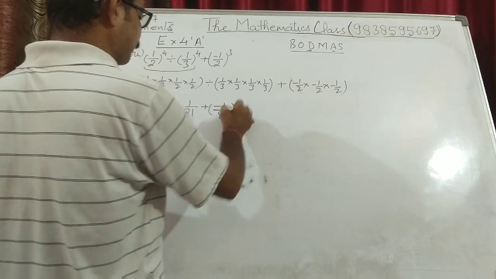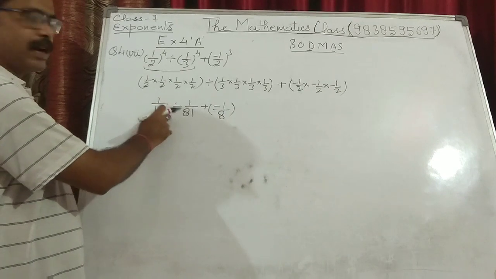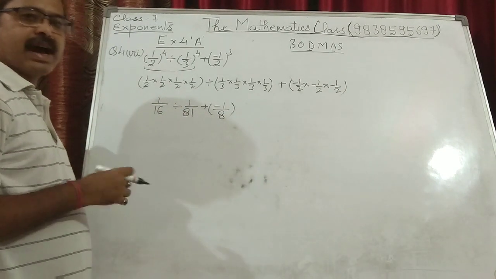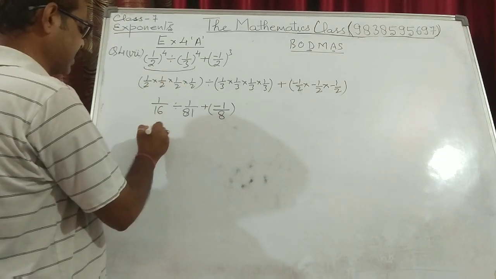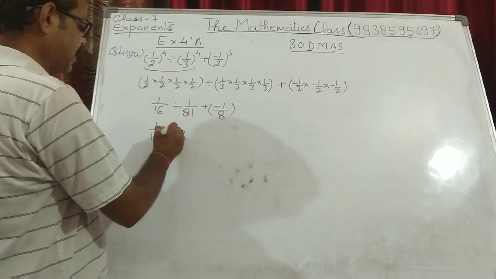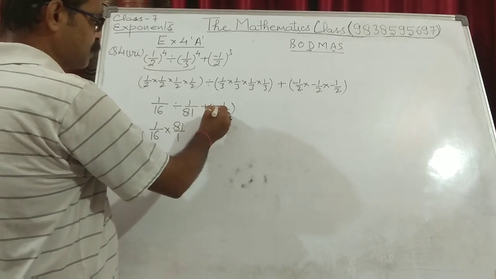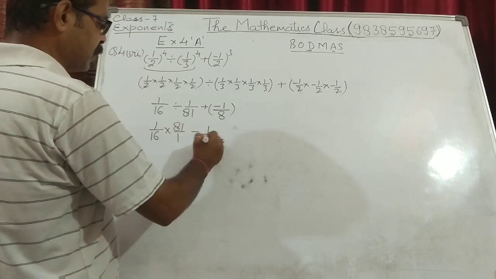And 3 is odd, so it will become minus 1 upon 2 2s are 4, 2 4s are 8, like this. Now we know when a fraction is divided by another fraction, the division sign converts to a multiplication sign, and the fraction gets reversed. So this can be written as 1 upon 16 into 81 upon 1, and plus into minus. When you open the bracket, this will become minus 1 upon 8.